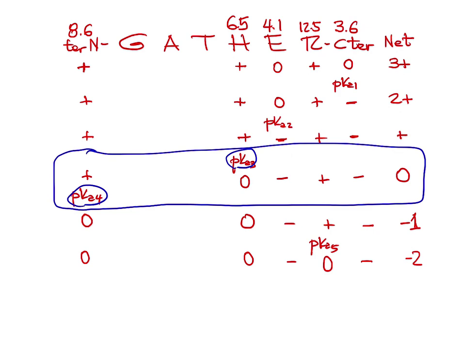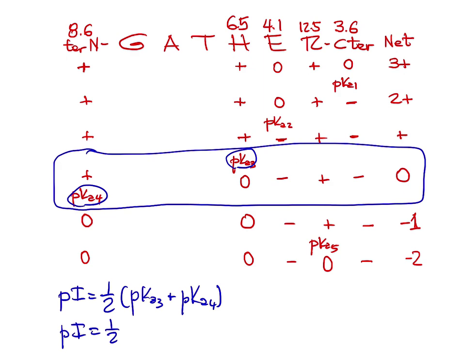So the pI is going to be half of pKa3 and pKa4, which in our case here is 1/2 of 6.5 and 8.6, which calculated gives 7.55.